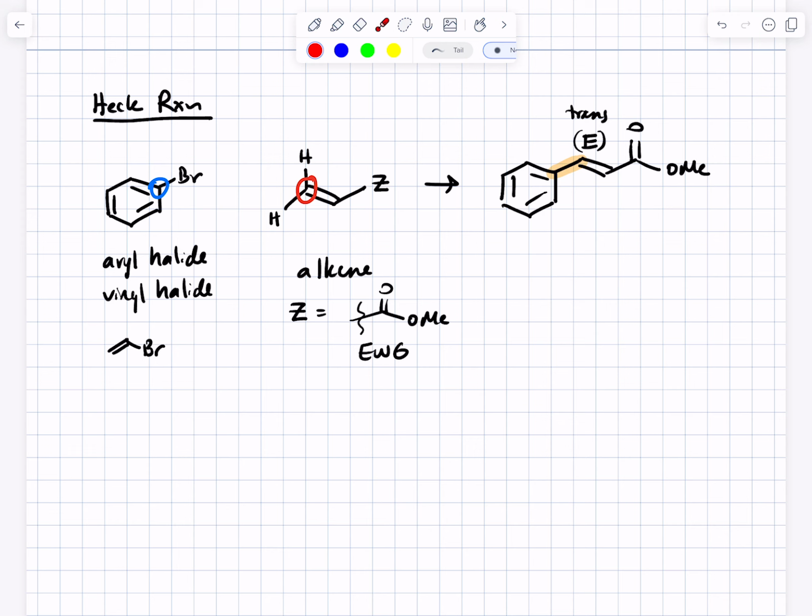I'll just write here that there isn't any stereochemistry to worry about for the aryl halide, but if there were for the vinyl halide, the stereochemistry is unchanged. I'll show you an example of that in a little bit.